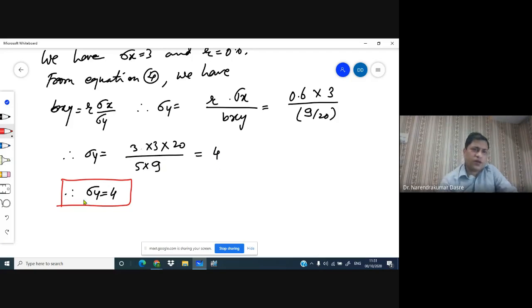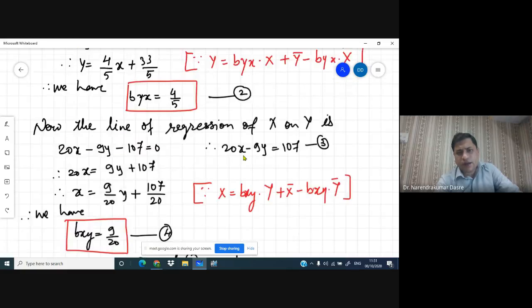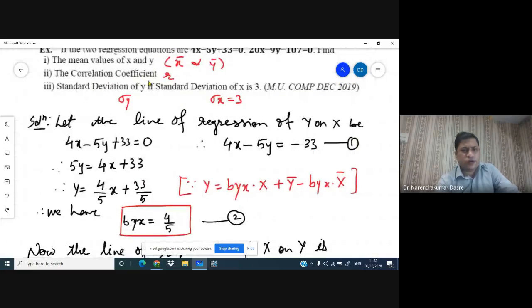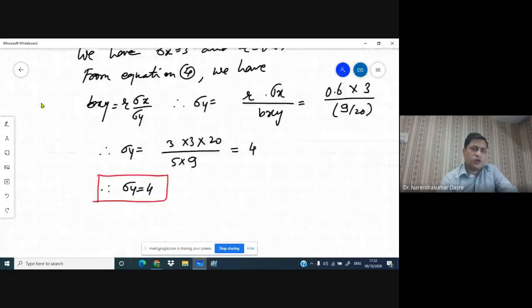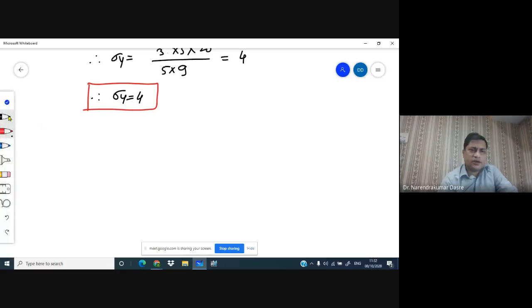Okay, so we got sigma y, and now we want to find x bar and y bar.